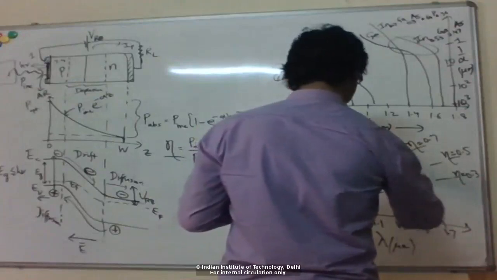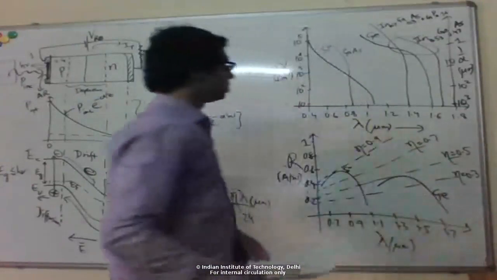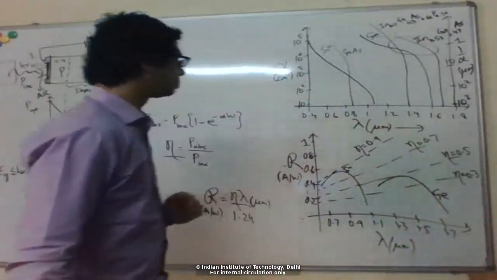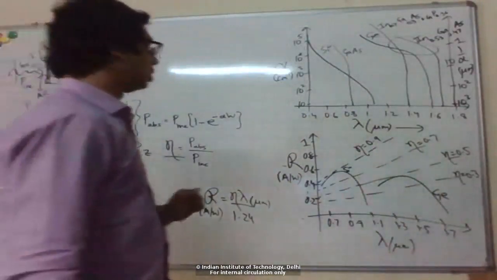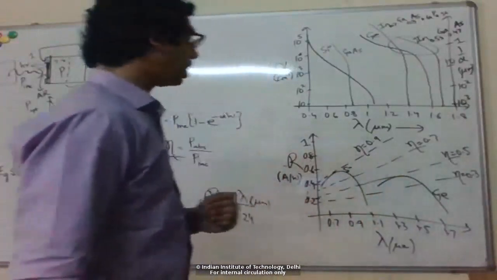Germanium detectors typically lie somewhere there. Okay, so their quantum efficiency is quite poor. You can see 0.5 roughly. Right, again, responsivity you get about 0.5 amp per watt.